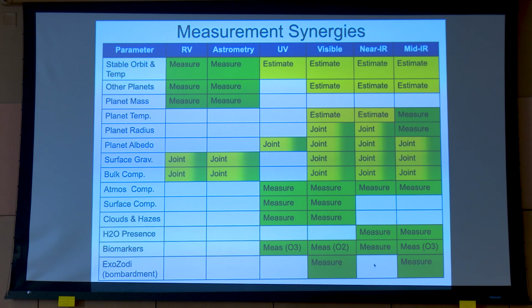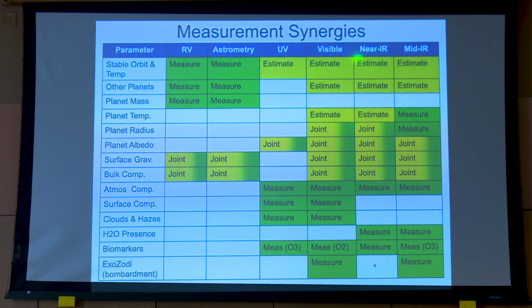So I want to spend a bit of time on this graph. It is really the gist of my talk. We have radial velocity or astrometry as the two dynamical techniques, and these are the four visible or remote sensing techniques, some sort of direct imaging, either coronagraphic, starshade, or nulling interferometry.